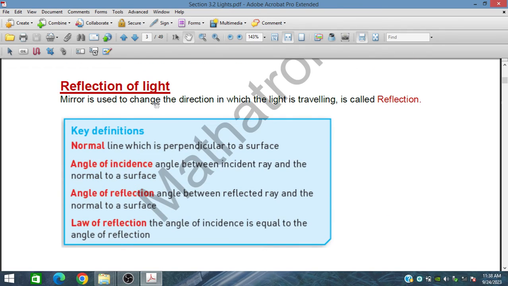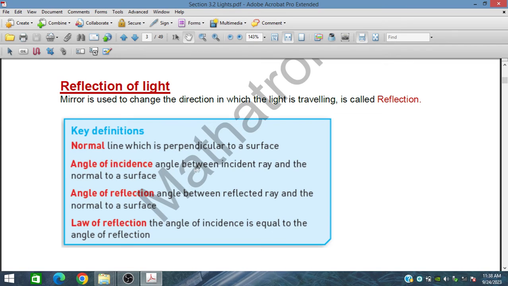Reflection: a mirror is used to change the direction in which light travels, and this is called reflection. It changes the direction of the light in a regular fashion. In the reflection of light, we use these terminologies. Normal: a line which is perpendicular to the surface is called the normal.